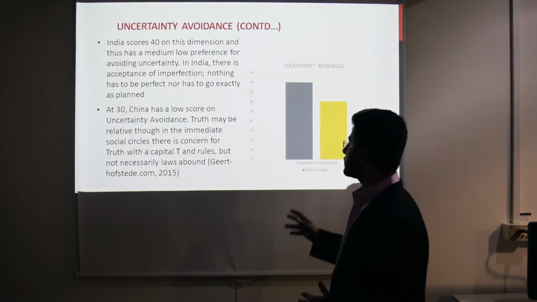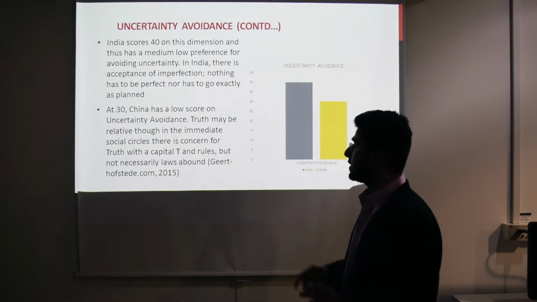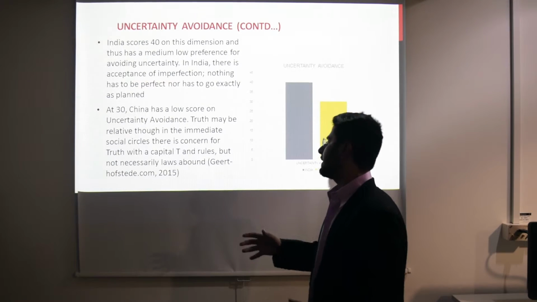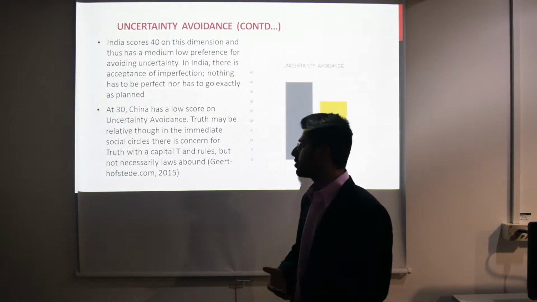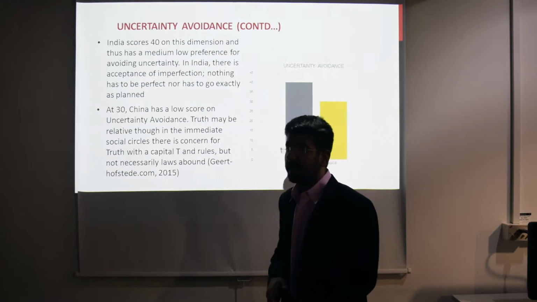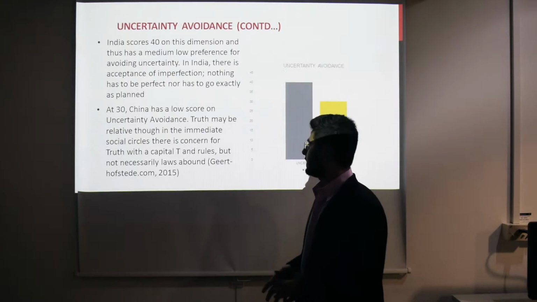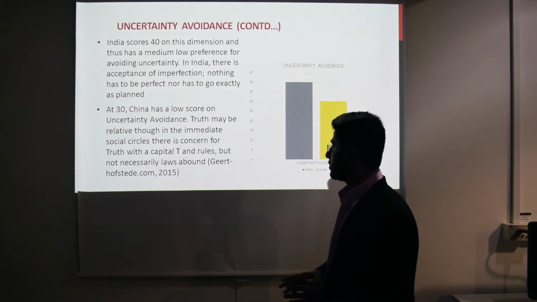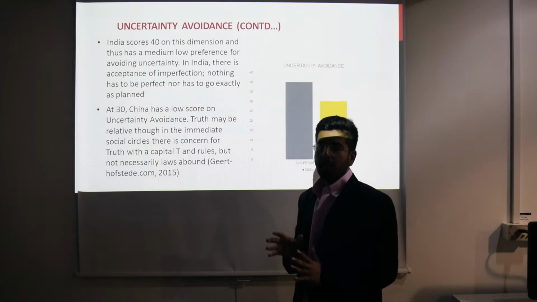In China, the score given to uncertainty avoidance is 30, which means that it is a low score as compared to India. But truth may be relative, though, that in the immediate social circles there is concern for truth, for the capital T and rules, but not necessarily laws abound.